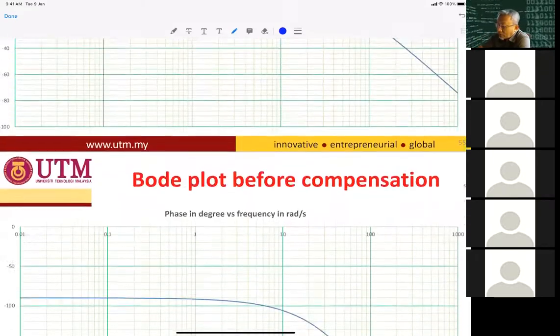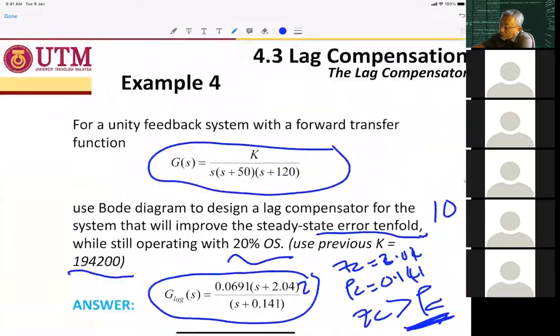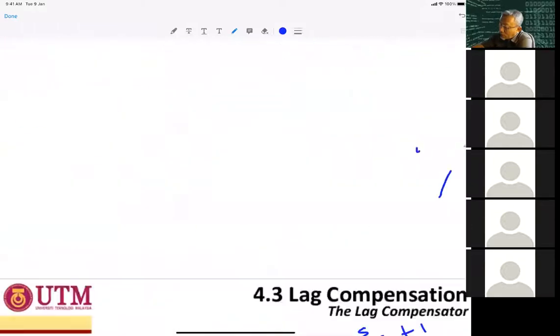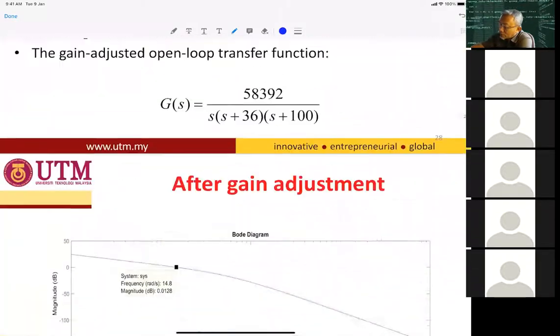If you still remember, how do we find Kv from the Bode diagram? We follow the theory that I showed you before.